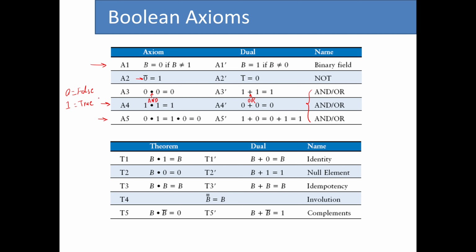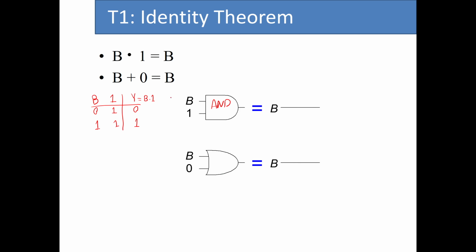So using those axioms, we can easily verify that y is exactly equal to b. And that is what the identity theorem represents.